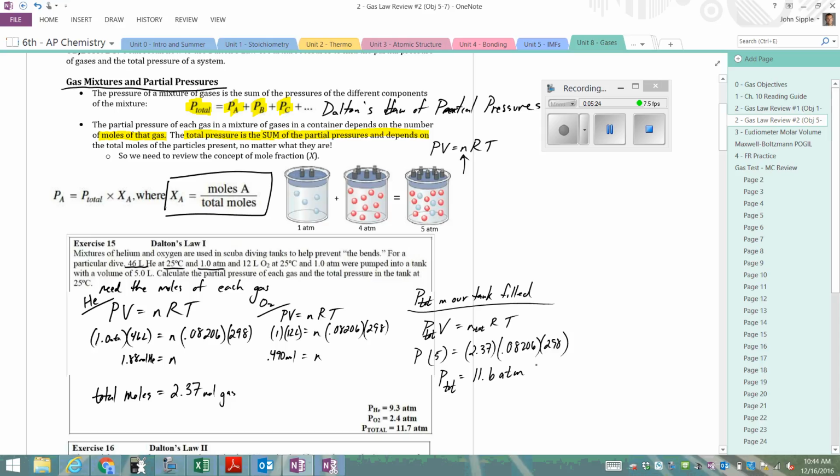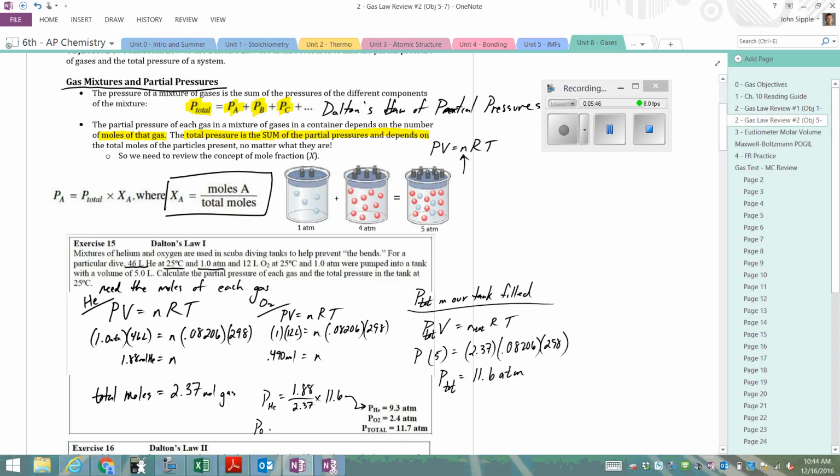Now you can solve for each individual pressure, because we can use the mole fraction for each, times the total pressure. The pressure of helium is equal to 1.88 divided by 2.37 times our total pressure of 11.6, and that gives us the pressure there.